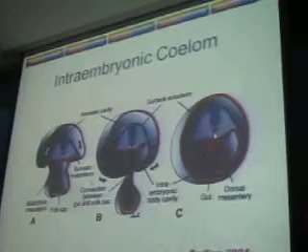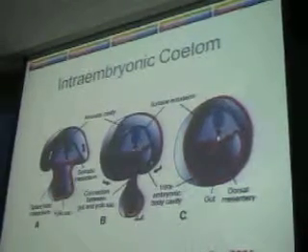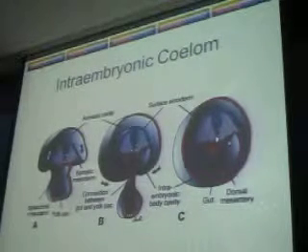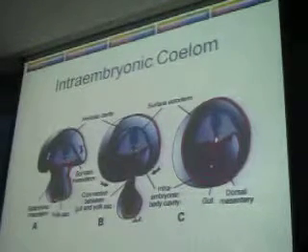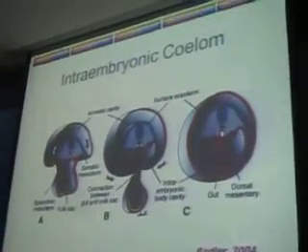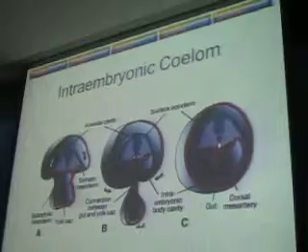Okay, they fuse to produce your intraembryonic mesoderm. You now have parietal, you now have visceral. That alone is already a clue why your lungs have parietal and visceral pleura. Okay?